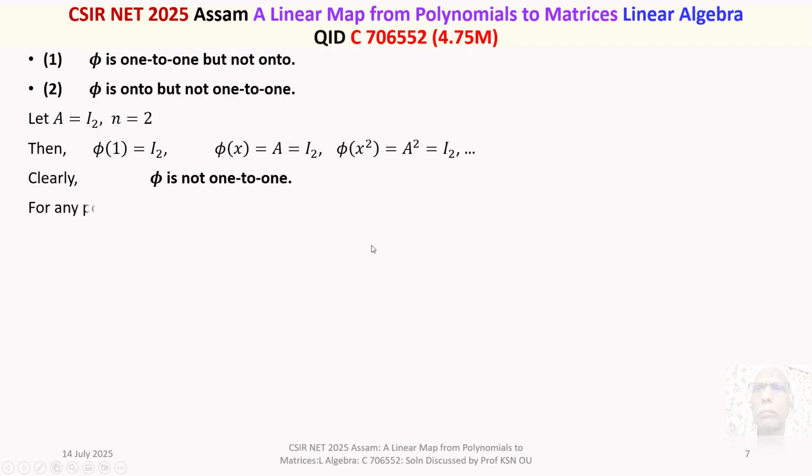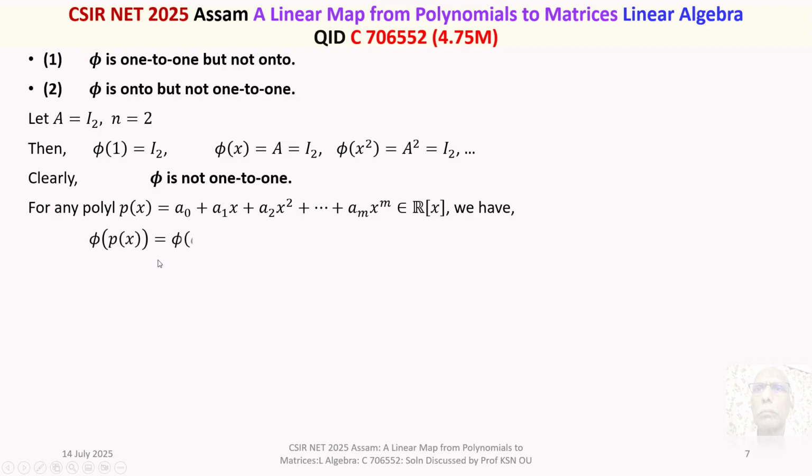For any polynomial p(x) equal to a0 plus a1x plus a2x square and so on, plus am x to the power of m, belonging to R[x], we have phi of p(x) equal to a0 I plus a1 A plus a2 A square plus so on, am A to the power of m, but A is I_2 only.